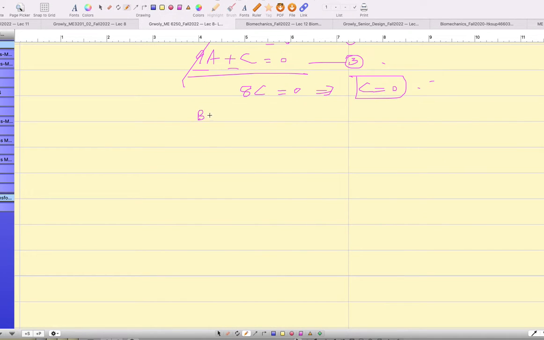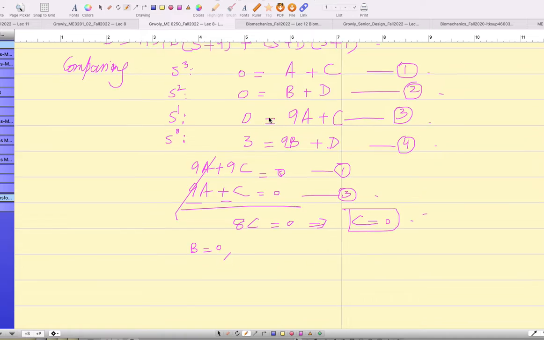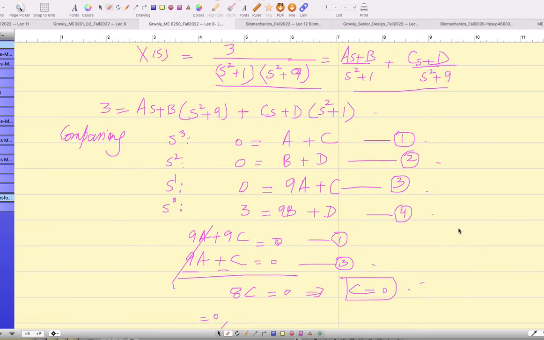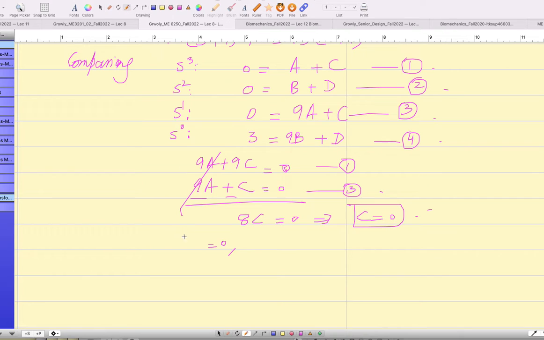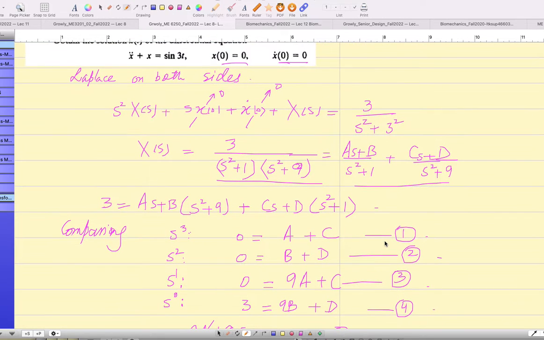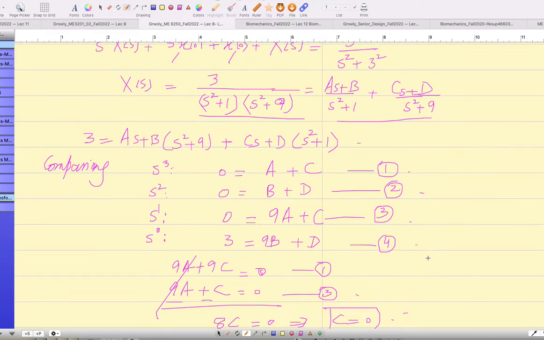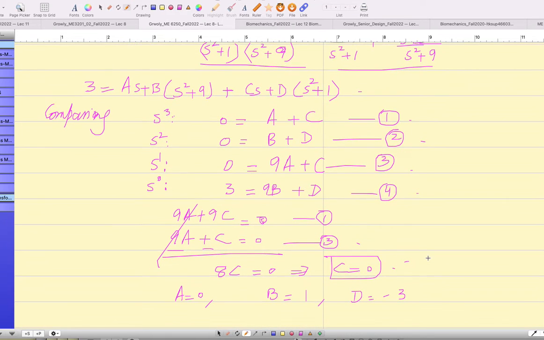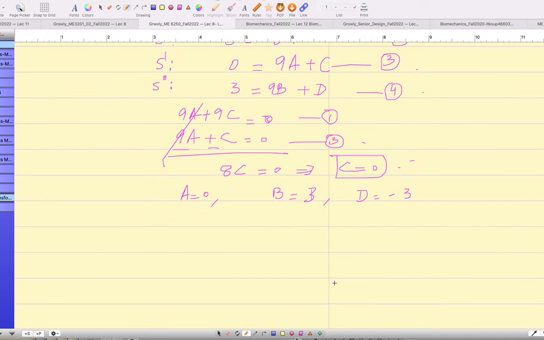B is not equal to 0, D is not equal to 0. C is equal to 0, A is equal to 0, and B equals 1 over 8 times 3, and D equals minus 3 over 8. I believe this is 3. You can double check it. Okay, let's write it down.